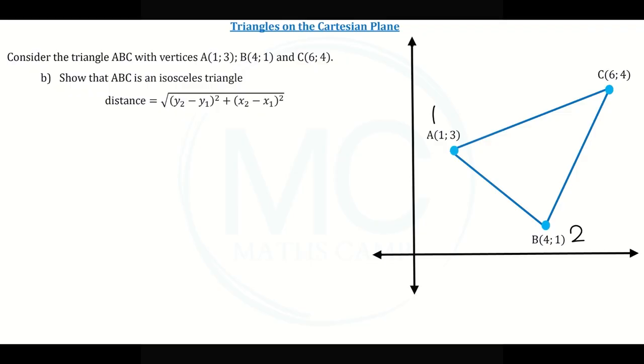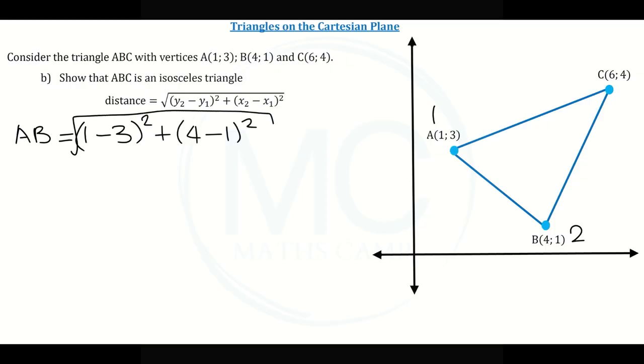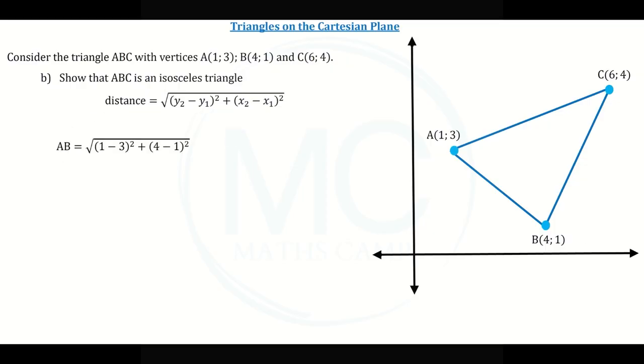Now we can say the distance of AB is equal to the y coordinate of B, which is 1, minus the y coordinate of A, which is 3, in a bracket, squared, plus, open a second bracket, the x coordinate of B, which is 4, minus the x coordinate of A, which is 1, in a bracket, squared, all under a square root.